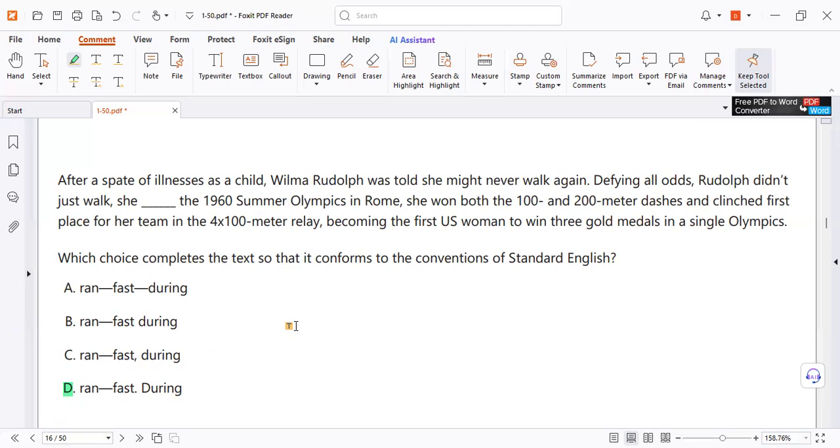Rudolph. This one is correct. The second one. Remember the personal pronouns. Subjective pronouns: I, he, she, it. All of them are always subjects. Always? Always. Yes.